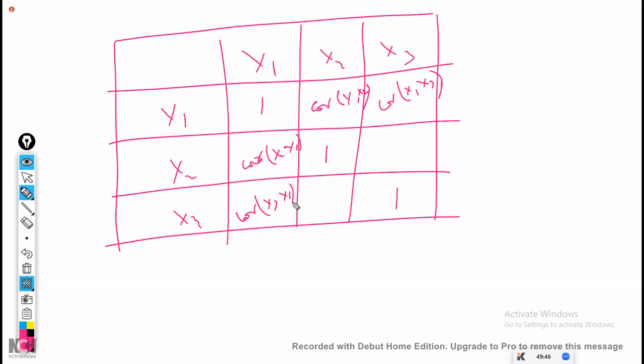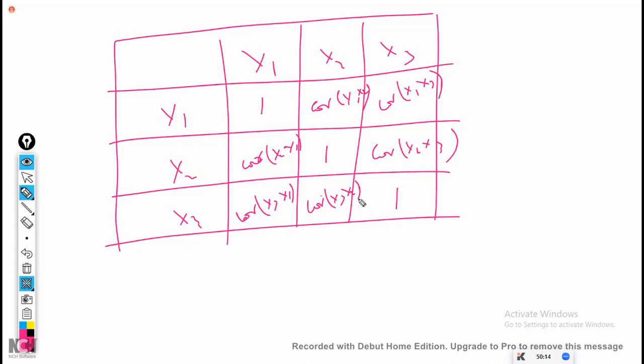These both are the same. Similarly, this is the correlation of x2 and x3, and this is the correlation of x3 and x2. These both are the same. So the upper triangle and lower triangle of the matrix will be the same, and diagonal values are going to be 1 in the correlation matrix every time.